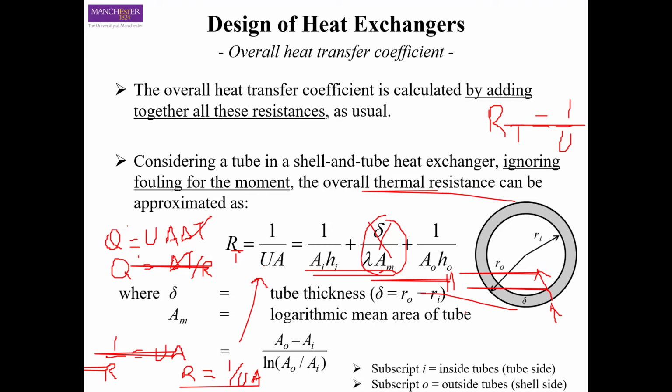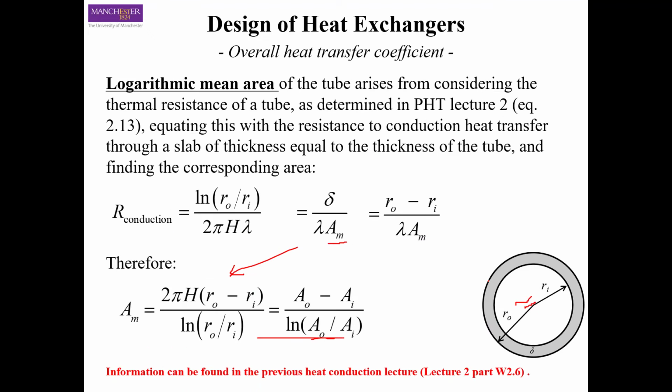Just to summarize, the total resistance, that is R, is equal to 1 over UA, and this total resistance is equal to 1 over HiAi plus 1 over HoAo.